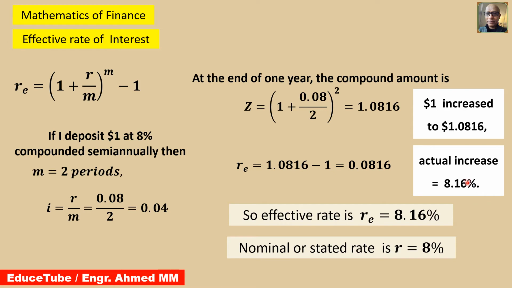Very easily we can say this is the effective rate, 8.16%. And this 8% in the question, the annual interest rate, is the nominal or stated rate. So the effective rate is somewhat higher than the stated rate. This is a very important point.